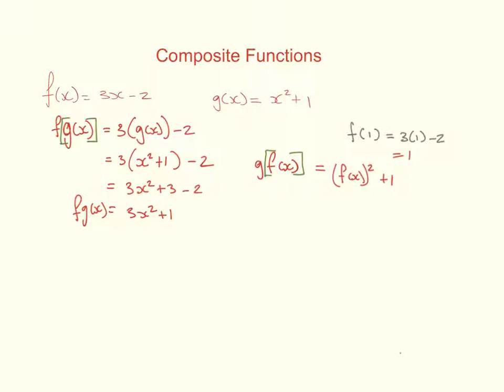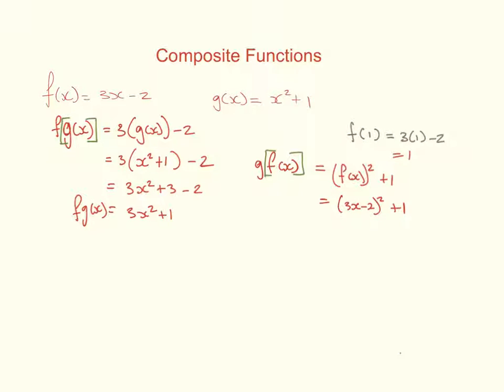Okay, let's bring it down. We know that f of x is actually equal to 3x minus 2 there. So I'm just going to replace that with 3x minus 2. So that's going to become (3x minus 2) squared plus 1.